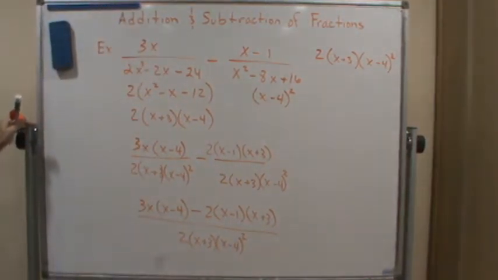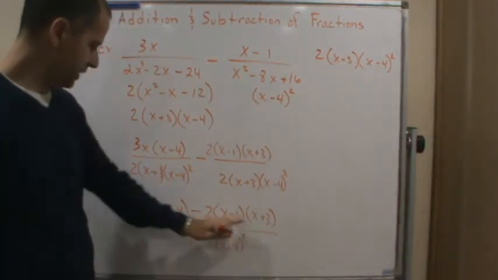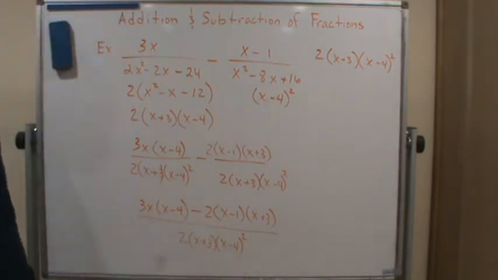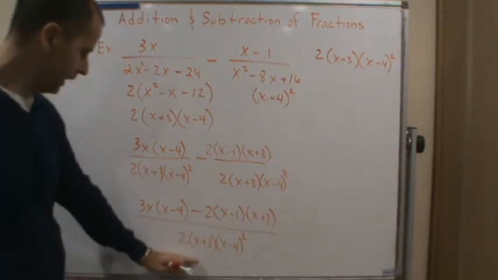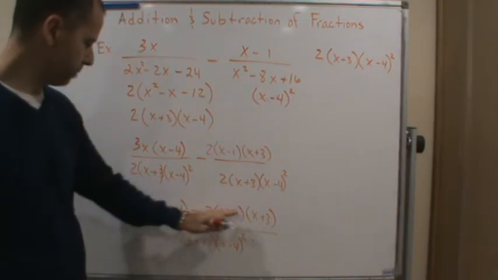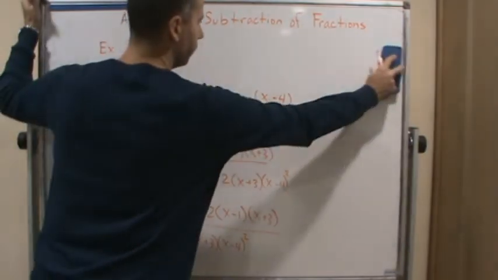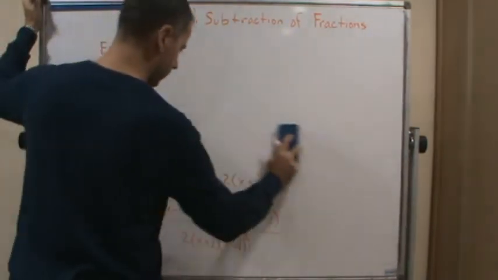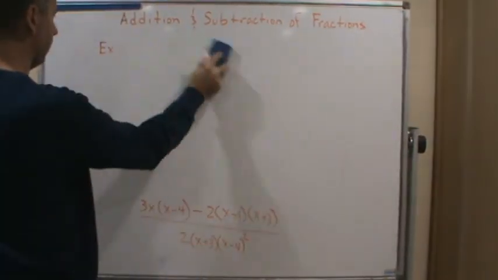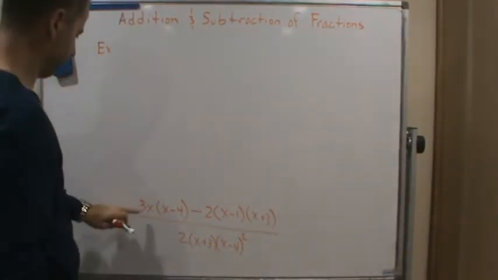Now at this point, I'm just going to simplify the numerator and see how far I can go. I'm going to leave the denominator alone, but I'm going to simplify this and see what I get.